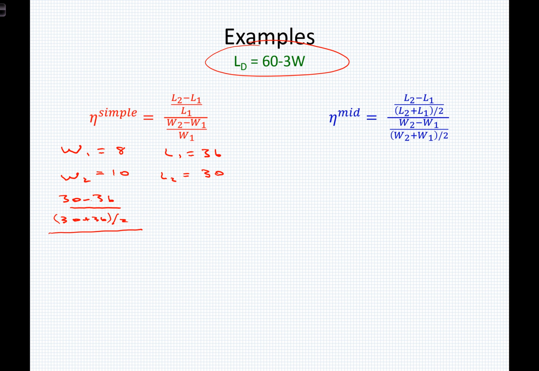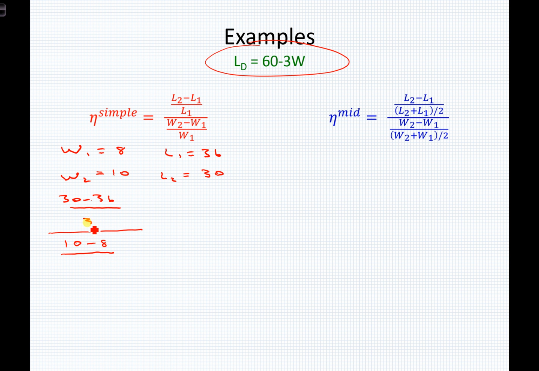And then we'll look at the wage, W2, W1, so 10 minus 8 divided by 10 plus 8 divided by 2. And I see that what I'm actually giving you at the moment isn't the simple formula. I'm giving you the midpoint formula, so let me correct that, because I really do want to keep these separate.